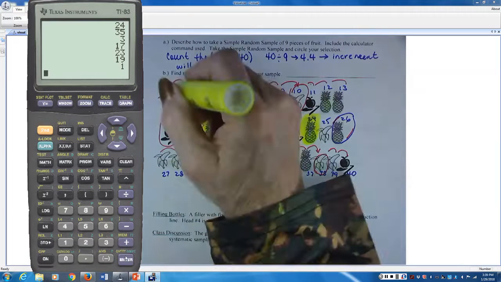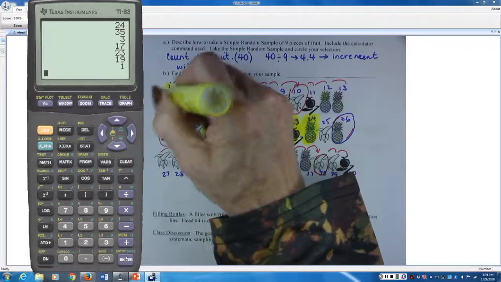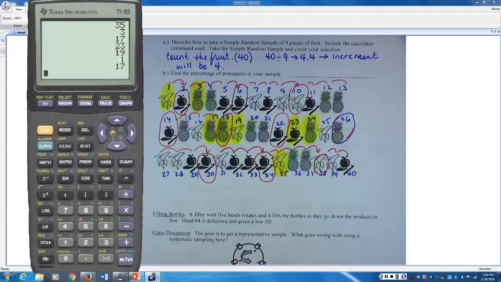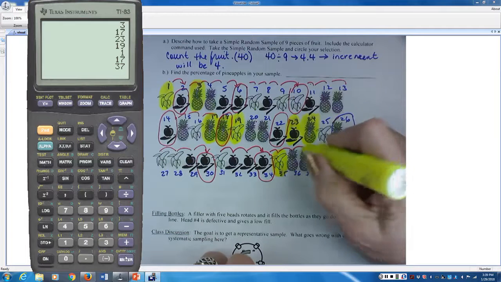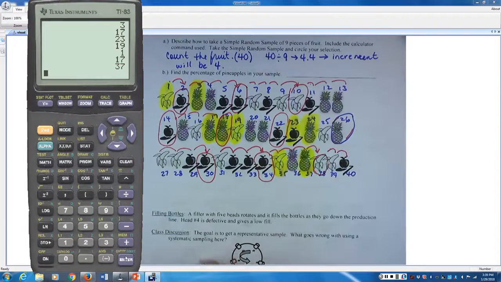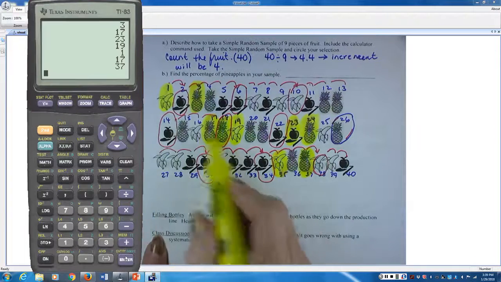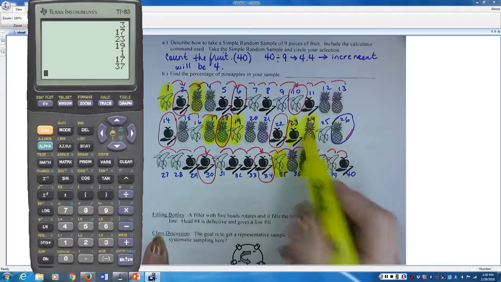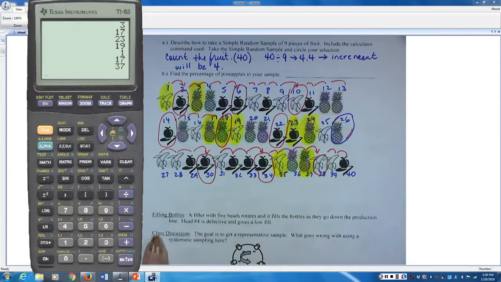Number 1. 17's already been chosen. Number 37. 1, 2, 3, 4, 5, 6, 7, 8, 9. There's my 9 pieces of fruit.